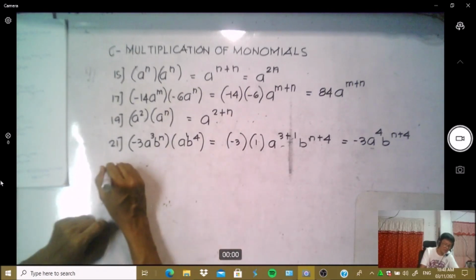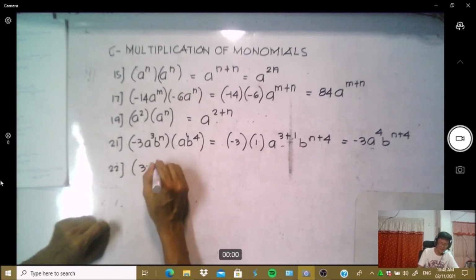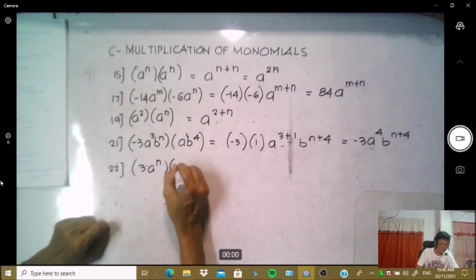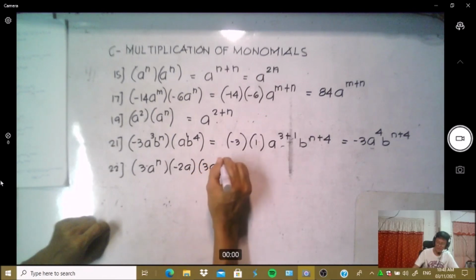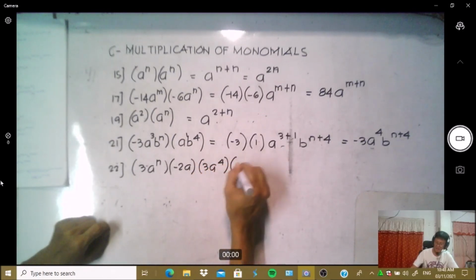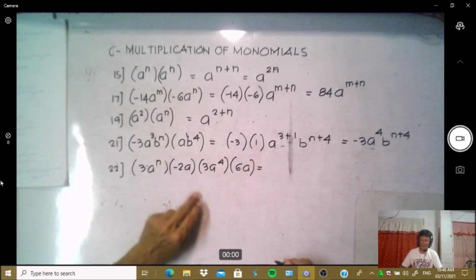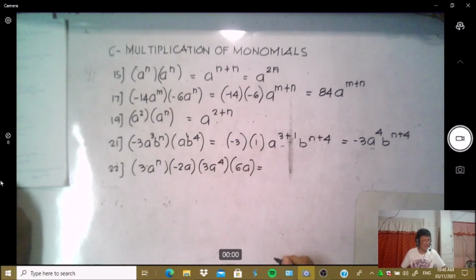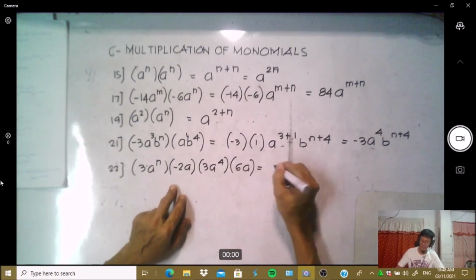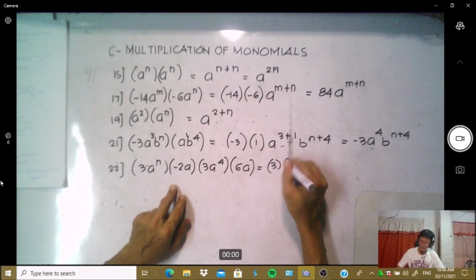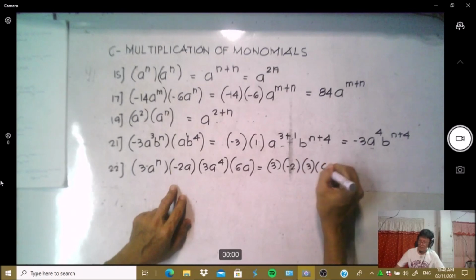And for number 22, we have 3a raised to n, negative 2a, then 3a raised to 4, then 6a. So we have to multiply first the coefficient. We have 3 multiplied by negative 2 multiplied by 3 multiplied by 6.